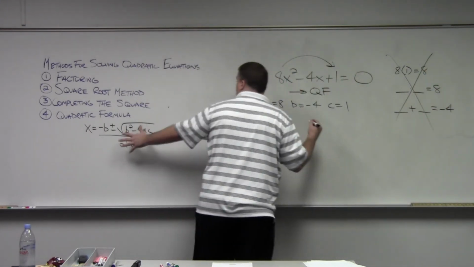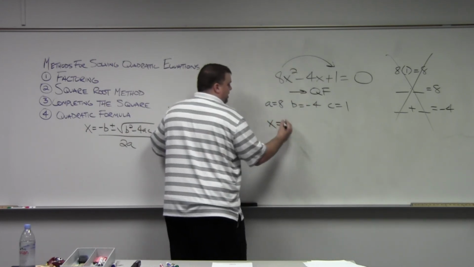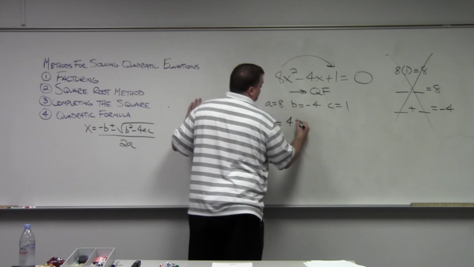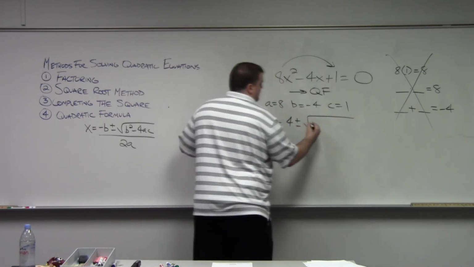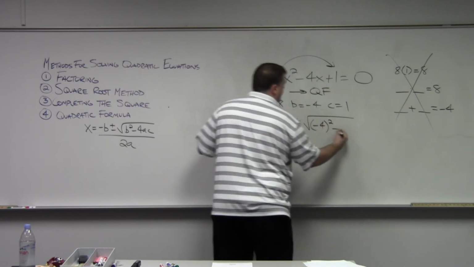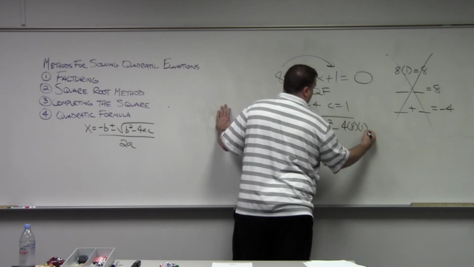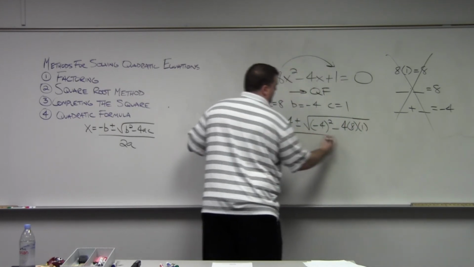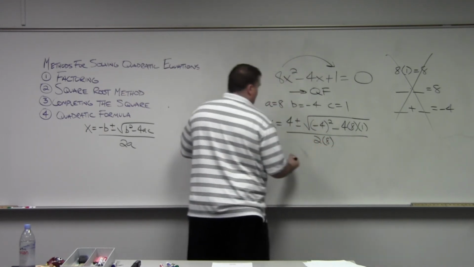So going back to our quadratic formula over here, x equals negative b, the opposite of b would be 4, plus or minus the square root of b squared minus 4 times a times c. And all that's going to be over 2a again, so 2 times 8.